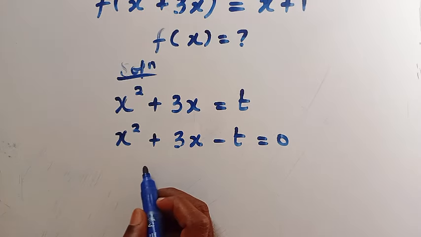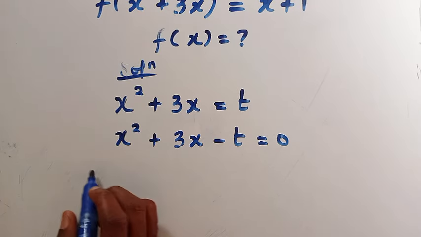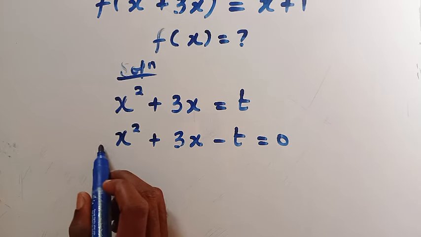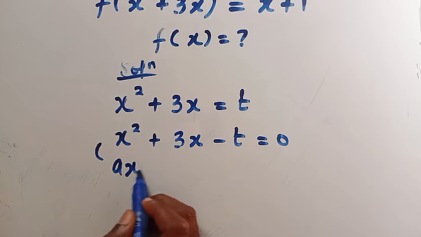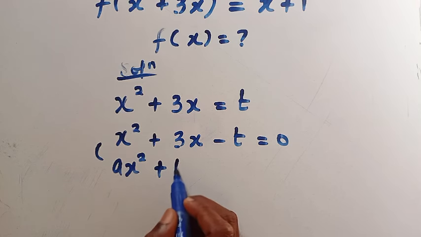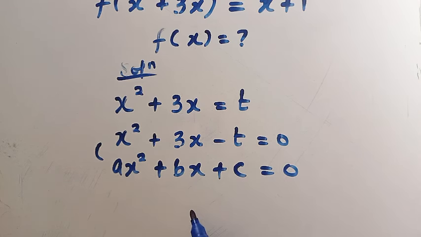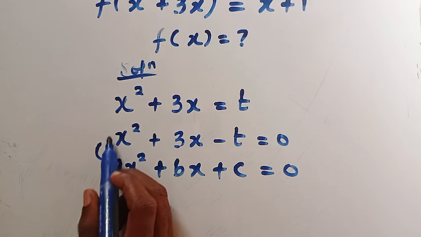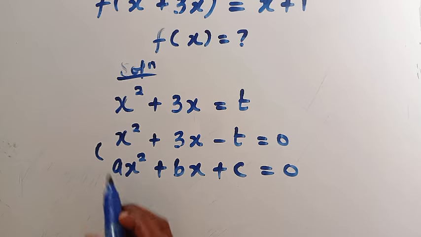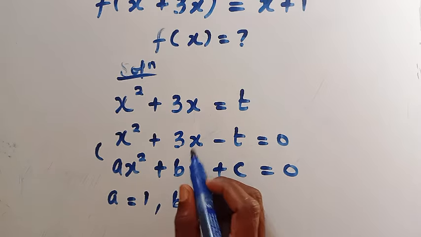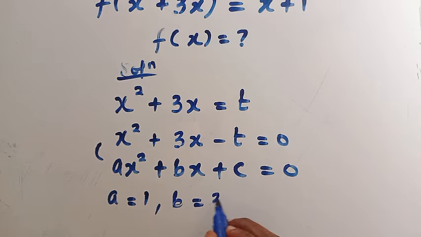And considering the quadratic formula, we need some parameters here, comparing this with ax squared plus bx plus c equals 0. The coefficient of x squared is a, and that equals 1. We have b as the coefficient of x, comparing it, we have it as 3.